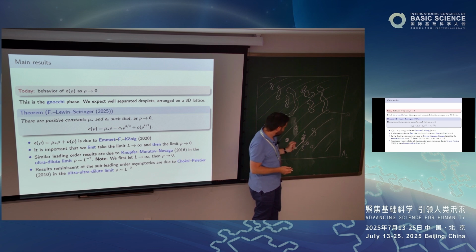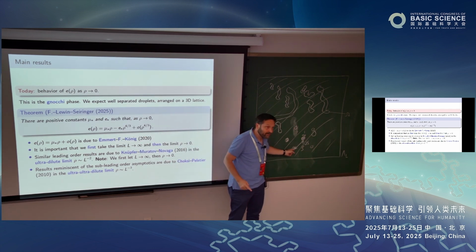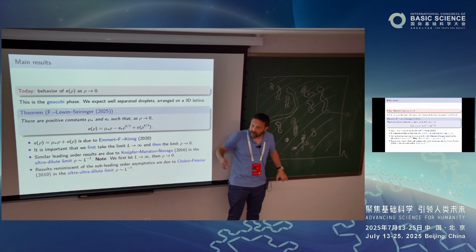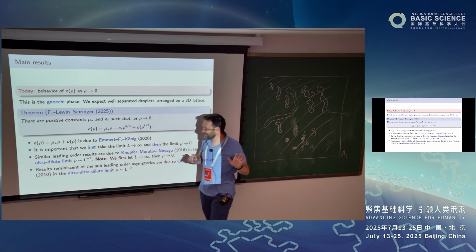Okay, so in other words, the mu star corresponds to the shape of these things, and the E star corresponds to their arrangement. And I'm coming to your question soon.